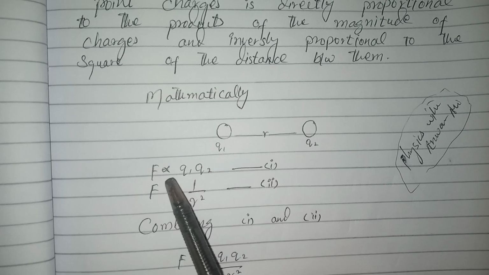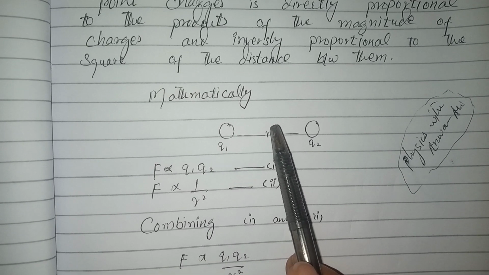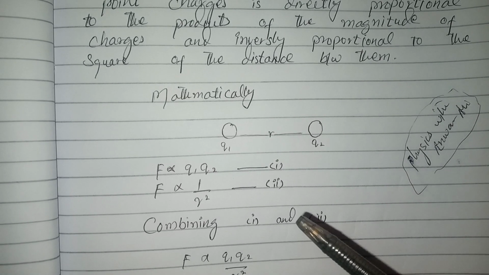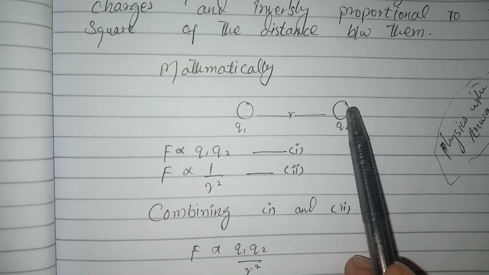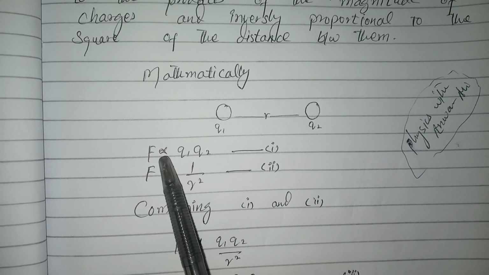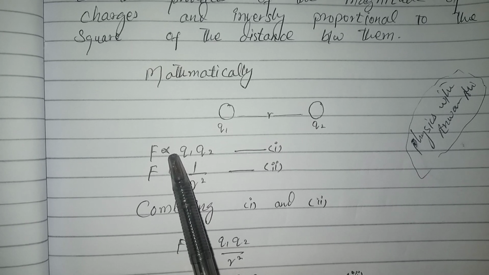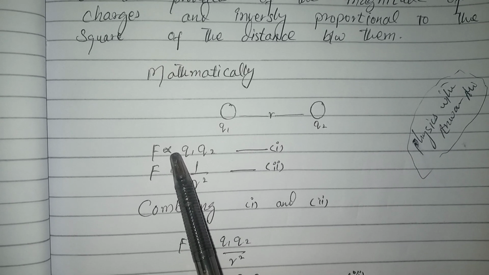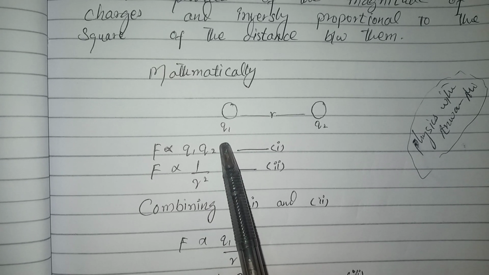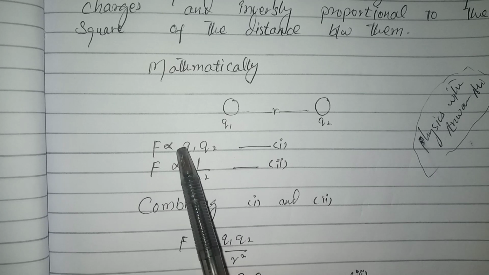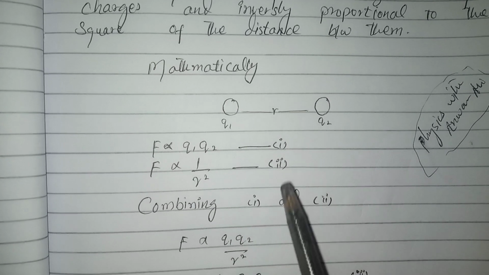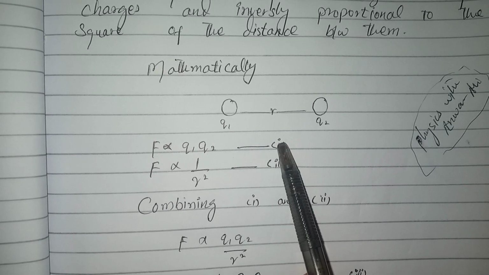Then the electrostatic force F between these two charges, whether it is an attractive force or a repulsive force, can be given by, first, according to the law, the magnitude of the electrostatic force is directly proportional to the product of the magnitudes of the charges. So F is directly proportional to q1 q2, the product of these two charges. Let's say this is equation number 1.